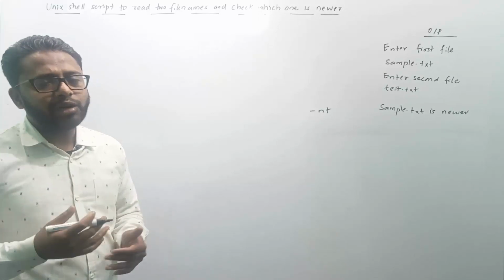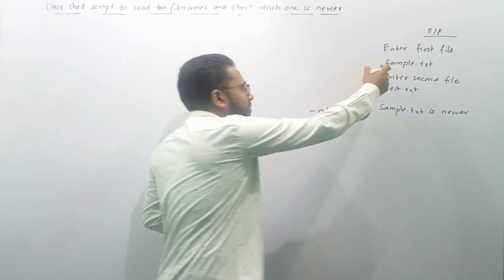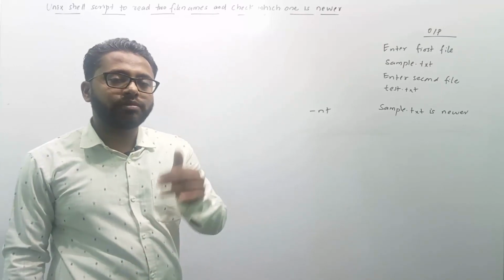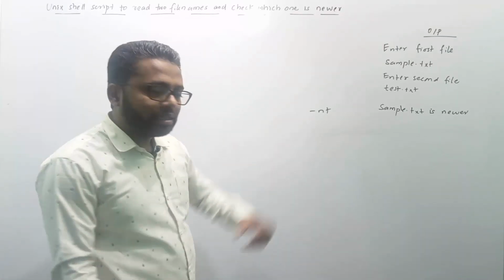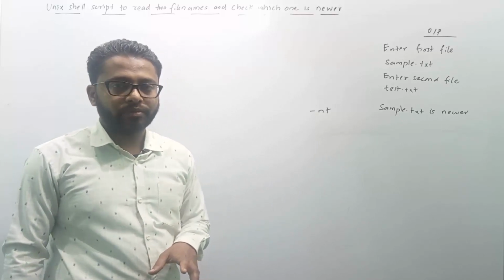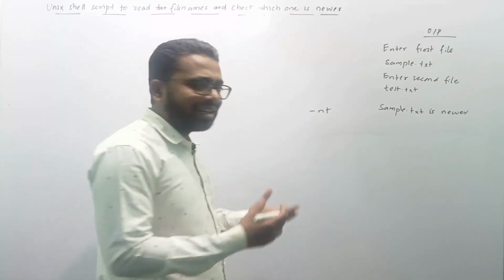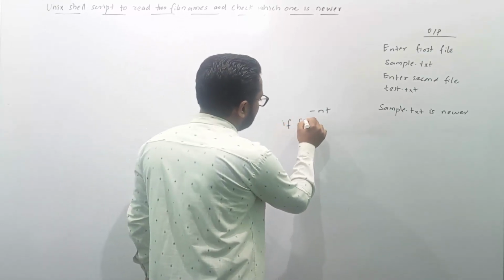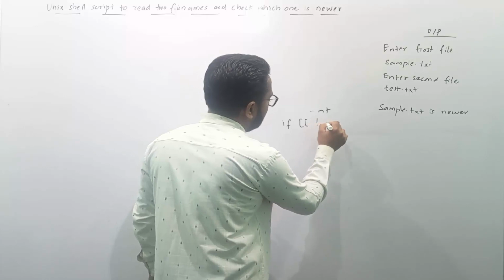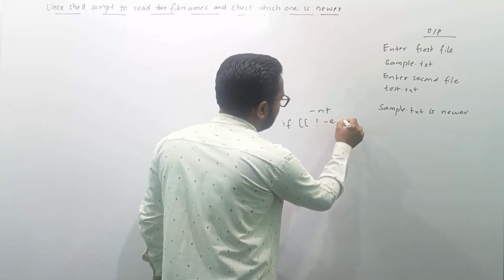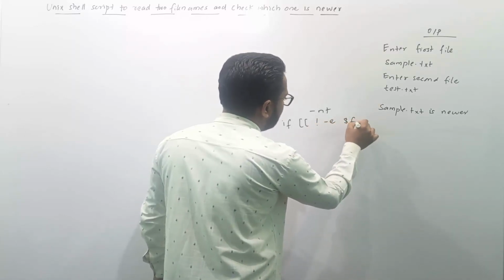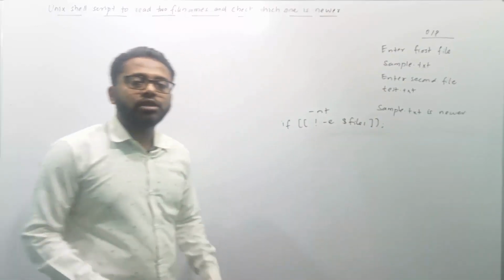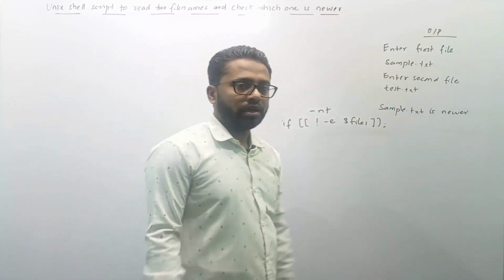We need to make a comparison between sample.txt and test.txt. Before making the comparison, first we need to check whether both of these files exist or not. To check, we will use if not exist file name, let us say file1. file1 is a variable which stores the name of this file, sample.txt.